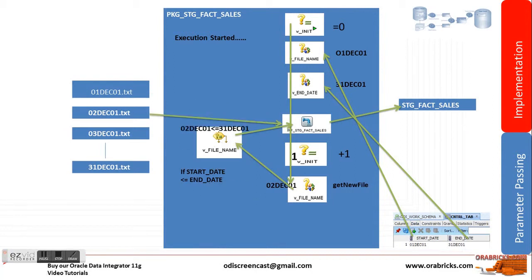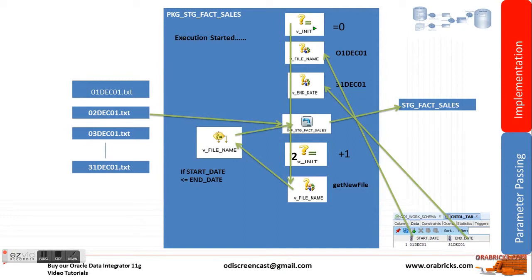So it will check whether 02 December 01 is less than or equal to 31 December 01 or not. Since it is, your interface will read the data from 02 December 01.txt and populate the STG fact sales. So basically this procedure will continue. For example, v_init will increment again and become 2.